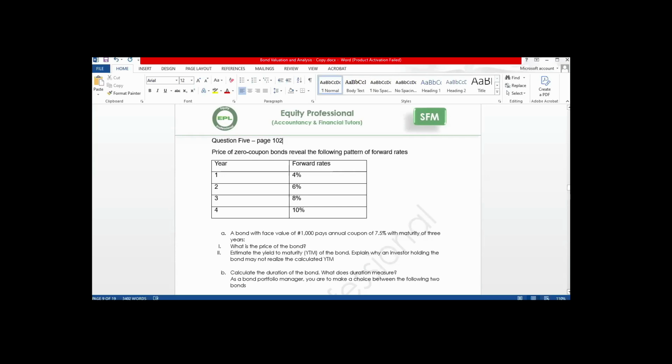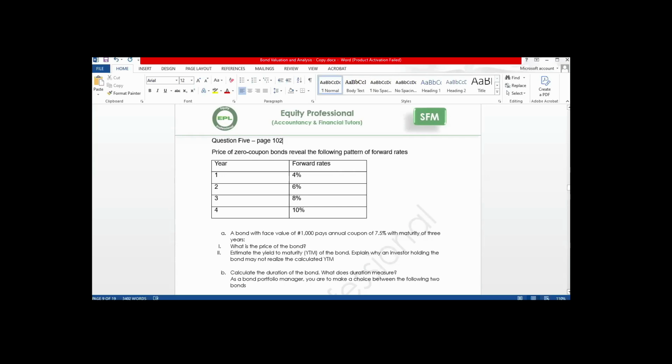To calculate price of a redeemable bond, we calculate as the present value of the expected future cash flows from the bond.